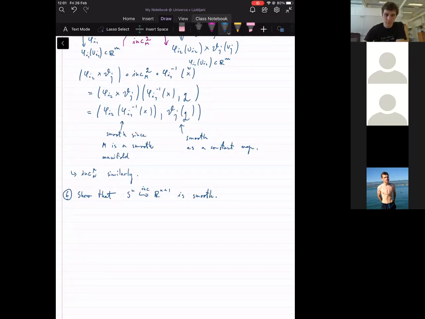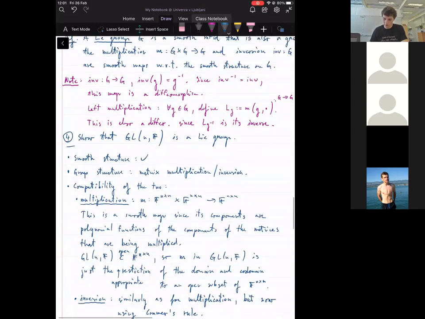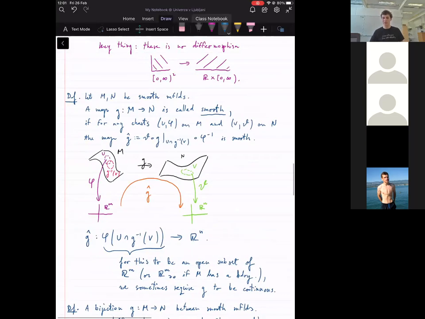What does it mean for a mapping to be smooth? For a map to be smooth, what's the definition? Didn't we write it above? Yes, we did. So it's right here with all the fancy pictures.